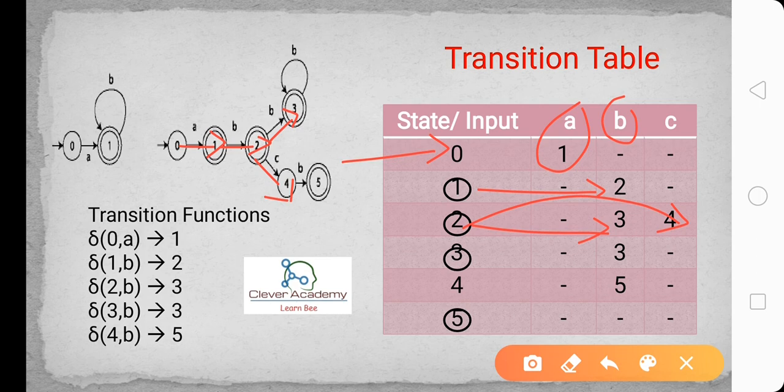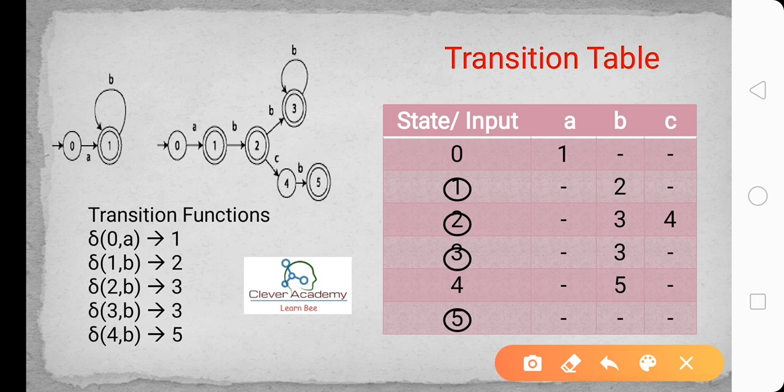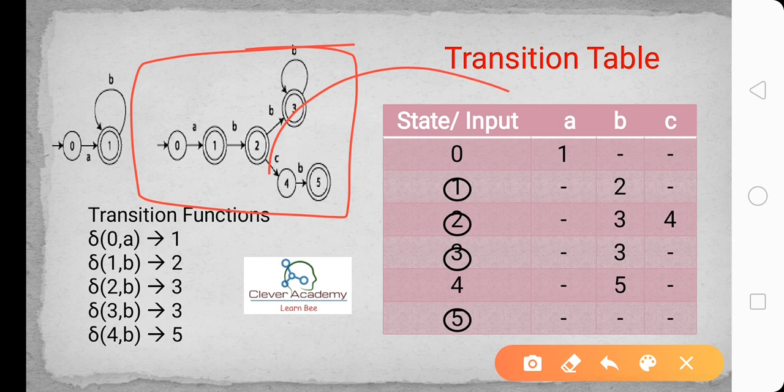From 4 on B it goes to 5, and at the final there is no relationship with A, B, C. So whatever relations we have in a finite automata can be represented using a transition table.